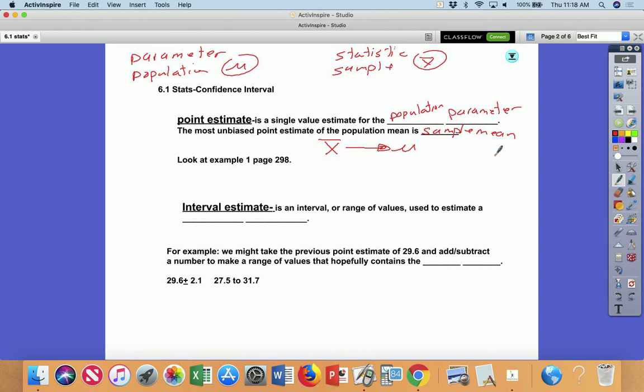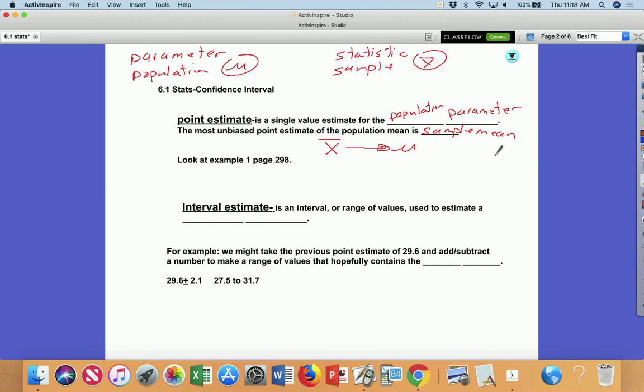So a point estimate, just getting a single number, is not so good. Maybe making an interval that contains it is a lot better. An interval estimate is an interval or range of values used to estimate a population parameter.